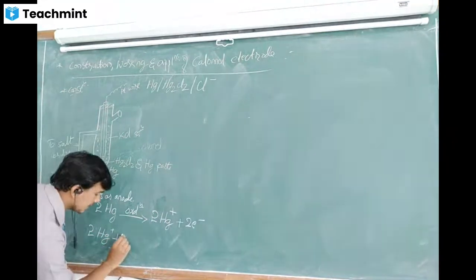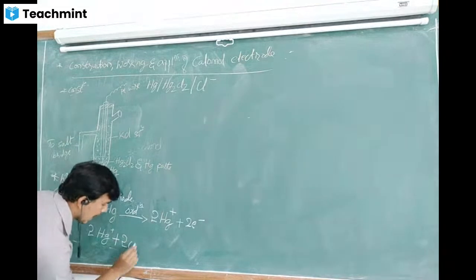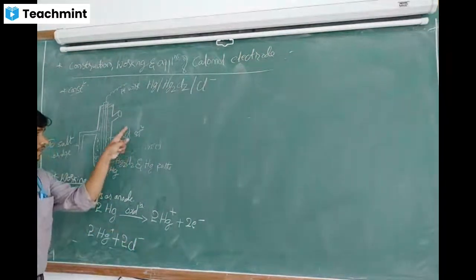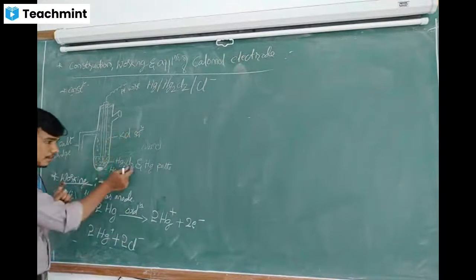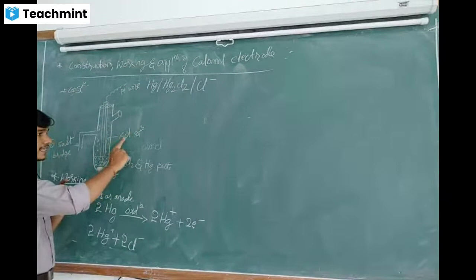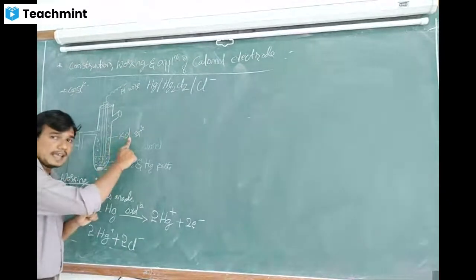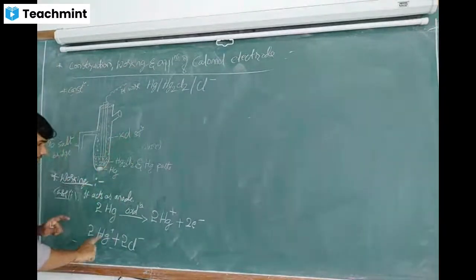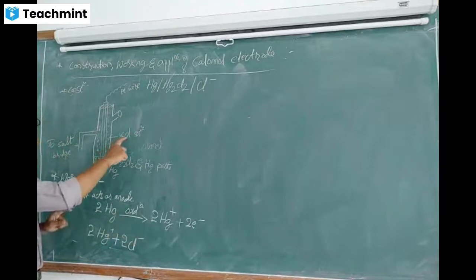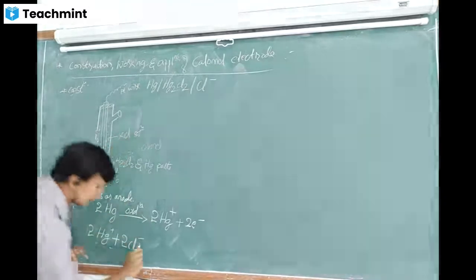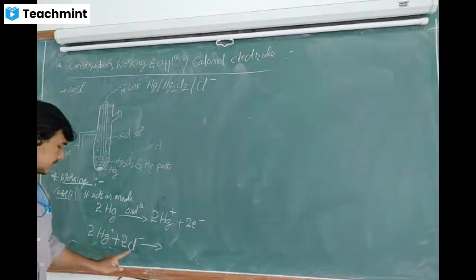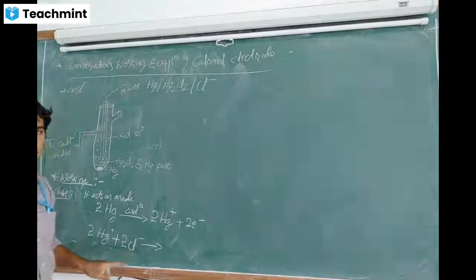It will react with the anion of the salt. So the anion is the chloride ion from the KCl solution, which acts as the electrolyte, not from this Hg2Cl2. That's why these oxidized metal ions will react with the chloride ions of the KCl solution. 2Hg plus 2Cl minus.